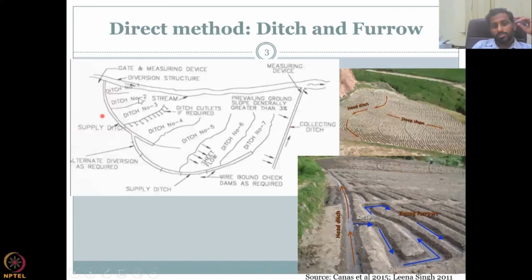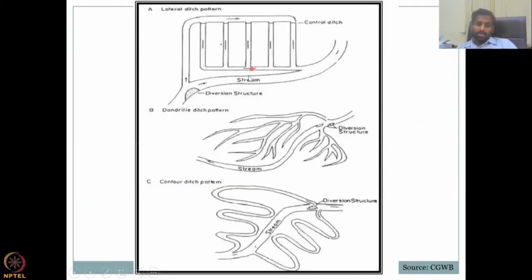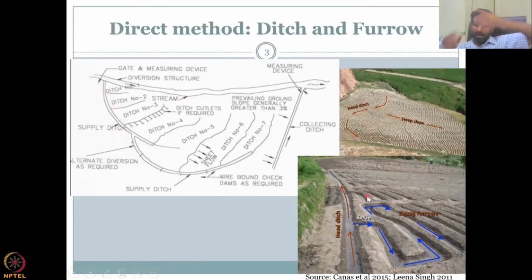These methods may have sediments coming in the stream, which gets into these ditches, and the ditches can fill up. Same thing here. These furrows can fill up with sediment after some time because you're slowing down water. When you slow down water for recharge, the sediments in the water will also fall down and accumulate in the furrows, which means the furrows have to be dug and maintained every single time as per the need.